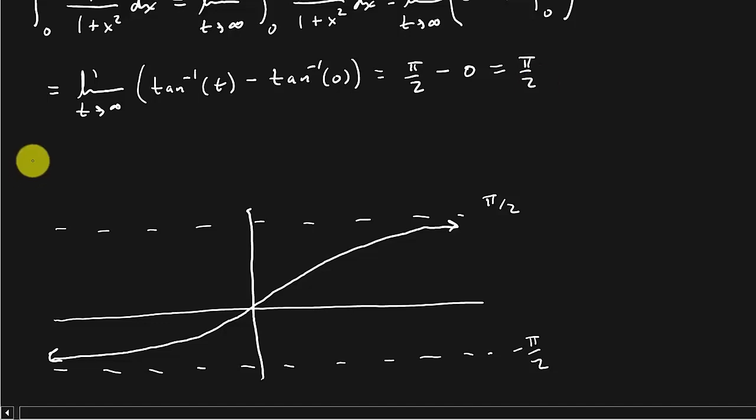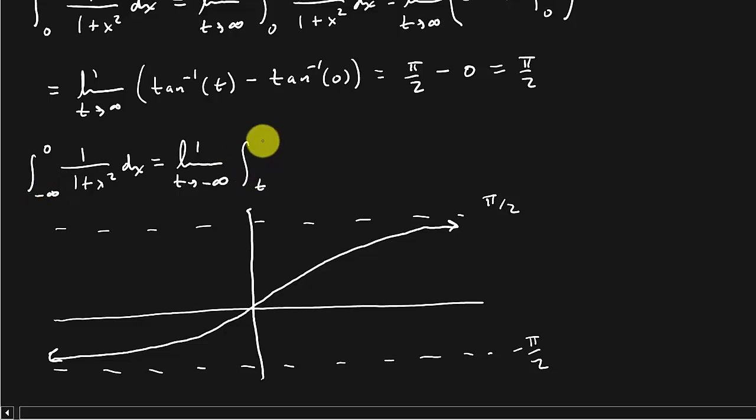All right. So now let's look at the other one. We've got the integral from negative infinity to 0 of 1 over 1 plus x squared dx, which is the limit as t goes to negative infinity this time of the integral from t to 0 of 1 over 1 plus x squared dx.